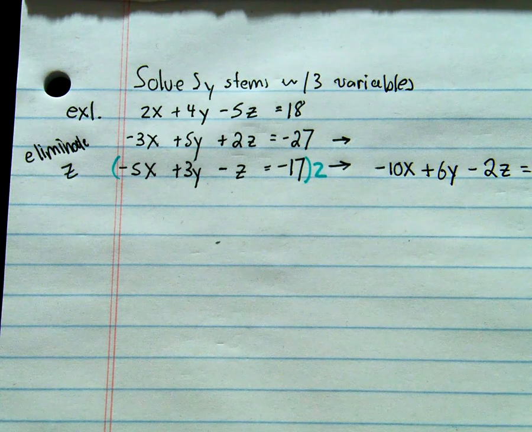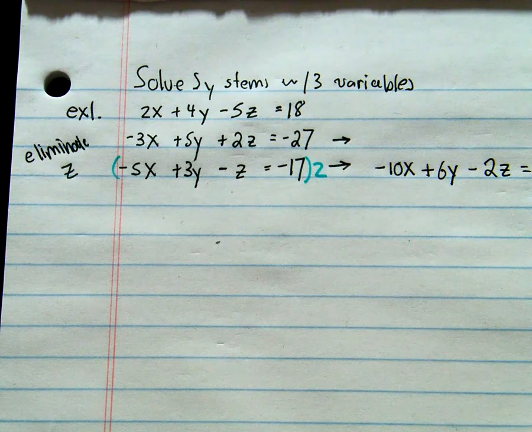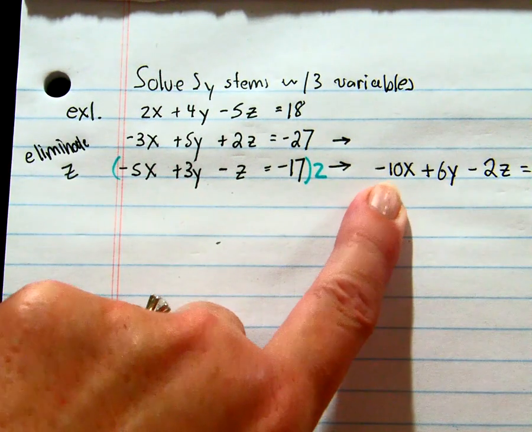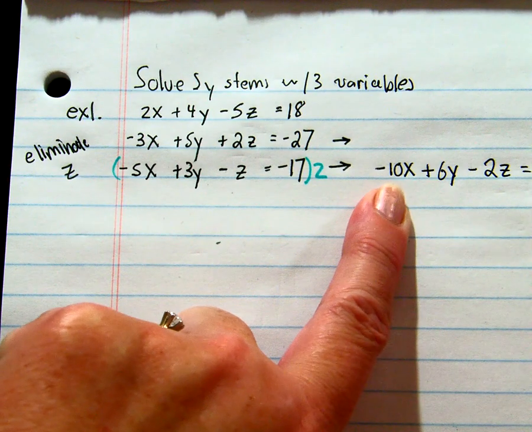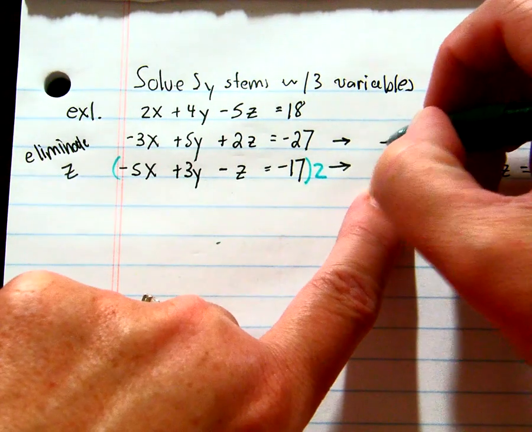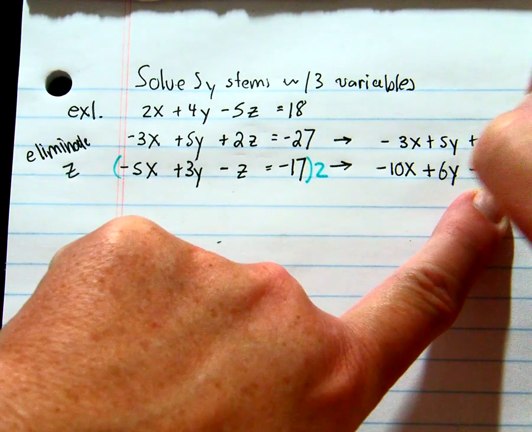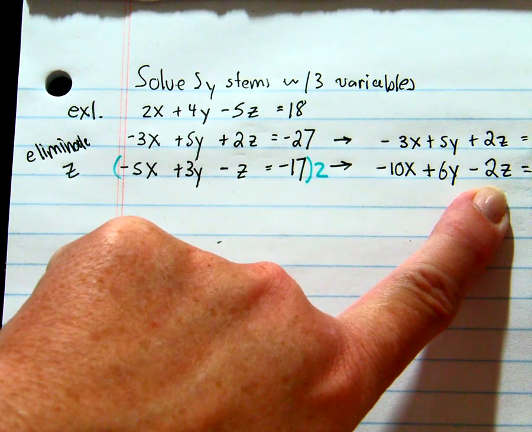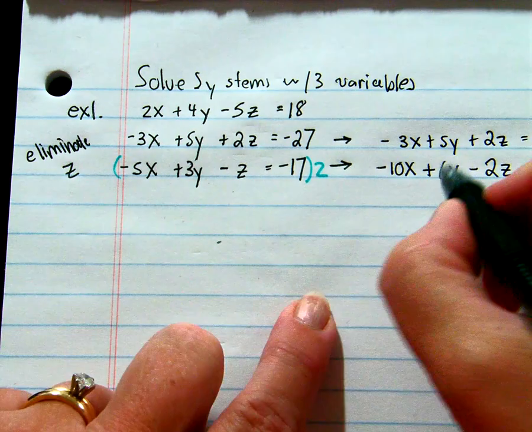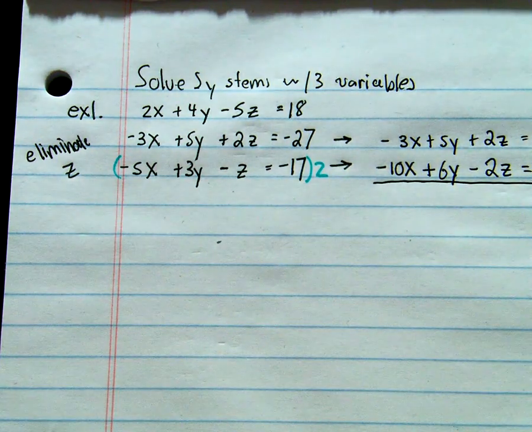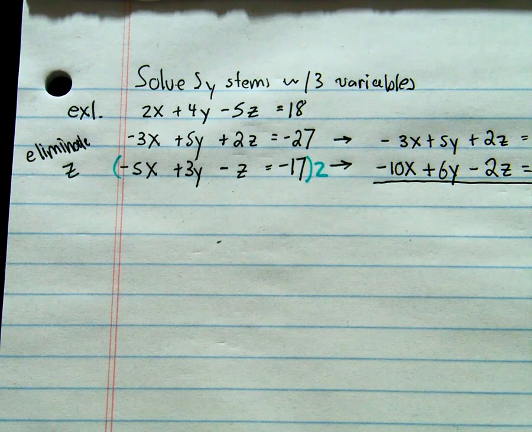Details are going to be huge here. Be super careful. All right? And that second equation can stay just like it is, and we will eliminate z. Everybody agree? So just write that second equation again, negative 3x plus 5y plus 2z equals negative 27. Draw a line under that. Combine those two equations to eliminate z. Go. You do it.